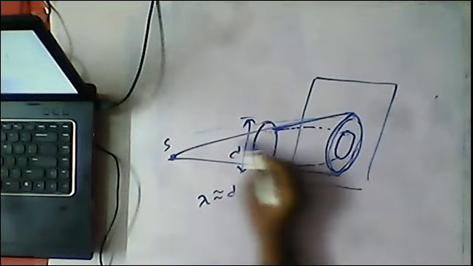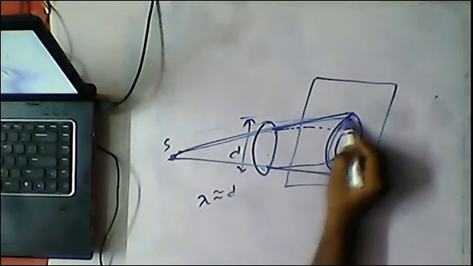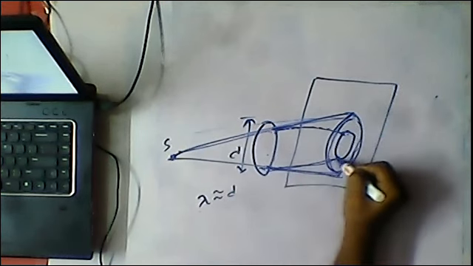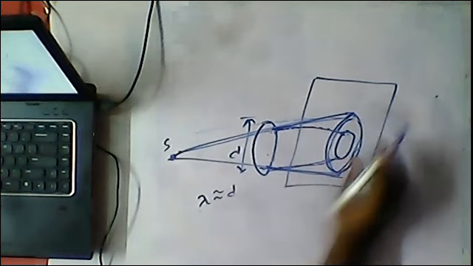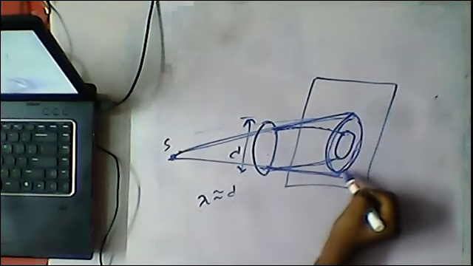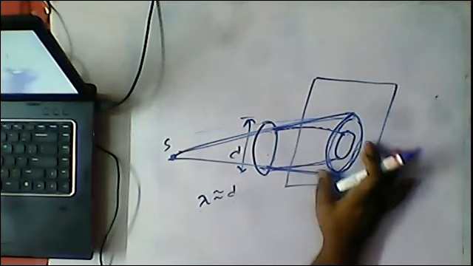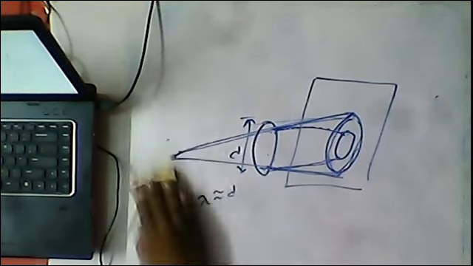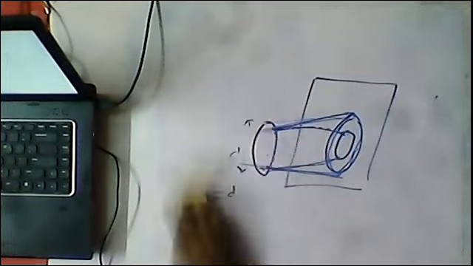Actually the light has to move straight like this, but it is changing its path. Here also it has to move straight, but it is changing its path. This change in its path is called diffraction. Due to this change, it created a pattern. This pattern is called what, guys? Diffraction.